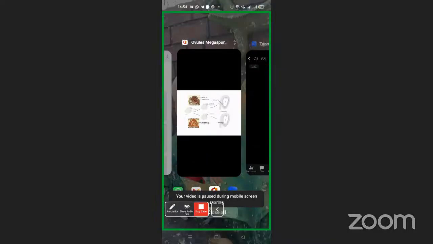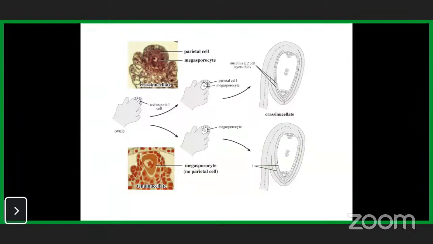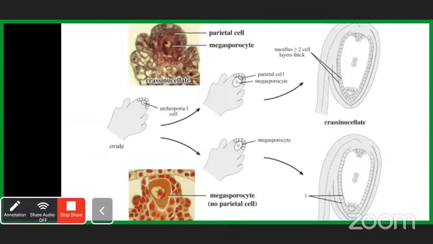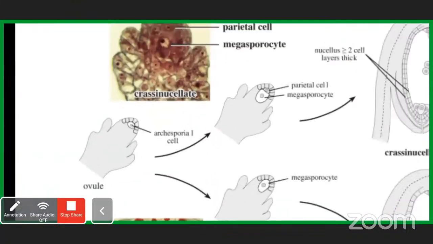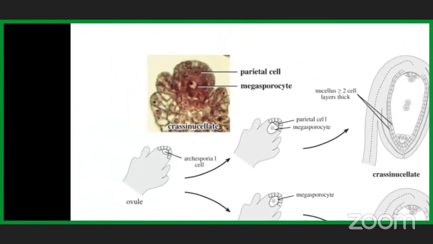You can see the nucellar structure, how it is developing, how it is getting mature. The nucellus is also an essay question. You can see here the nucellus structure, how the nucellus is forming, developing from the archesporial cells. You see the parietal cells and megaspore cells.